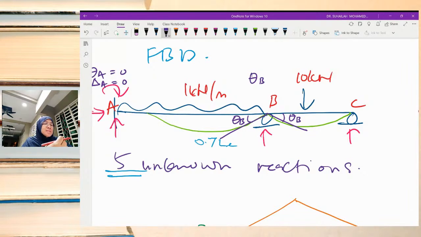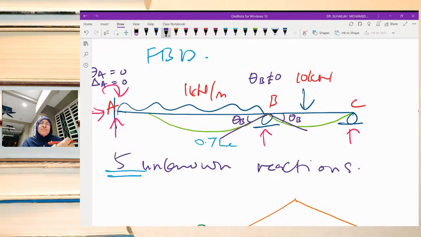This theta B is not equal to 0, because from the tangent line of the curve we can see it represents theta at B, the rotation at B.